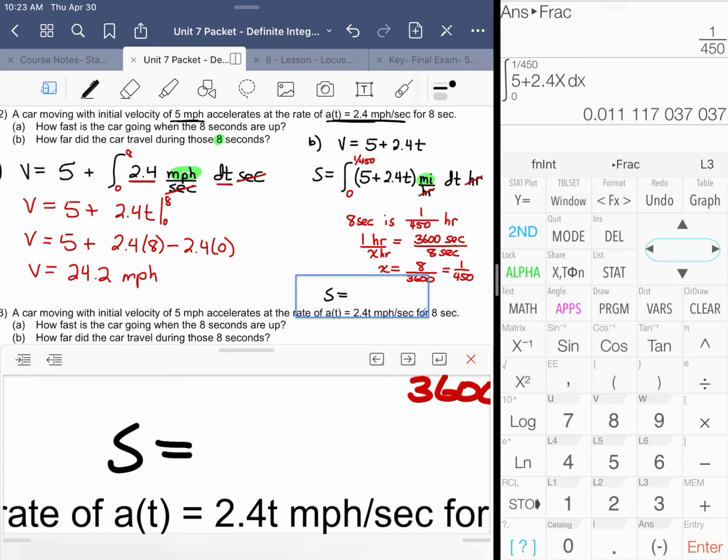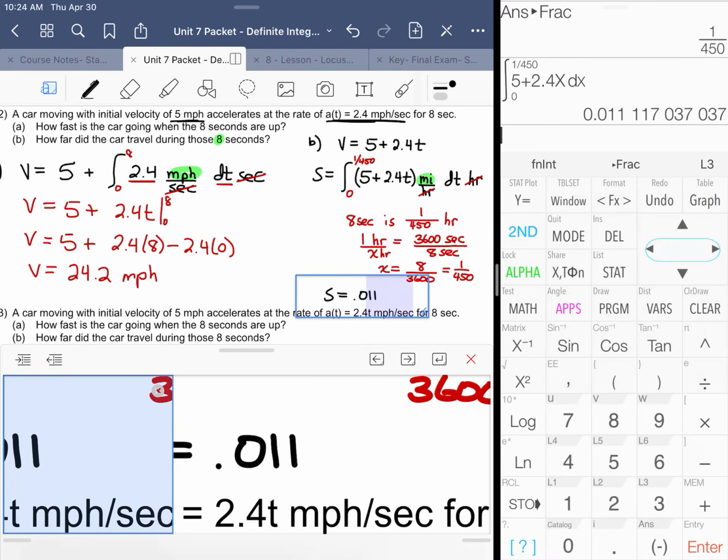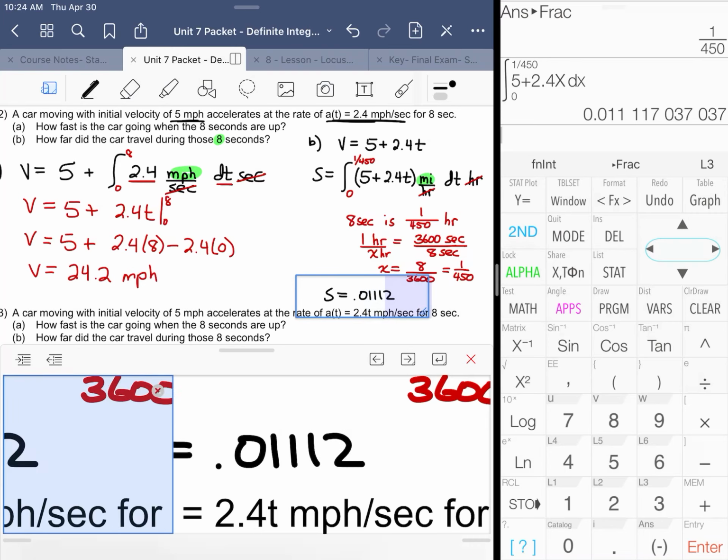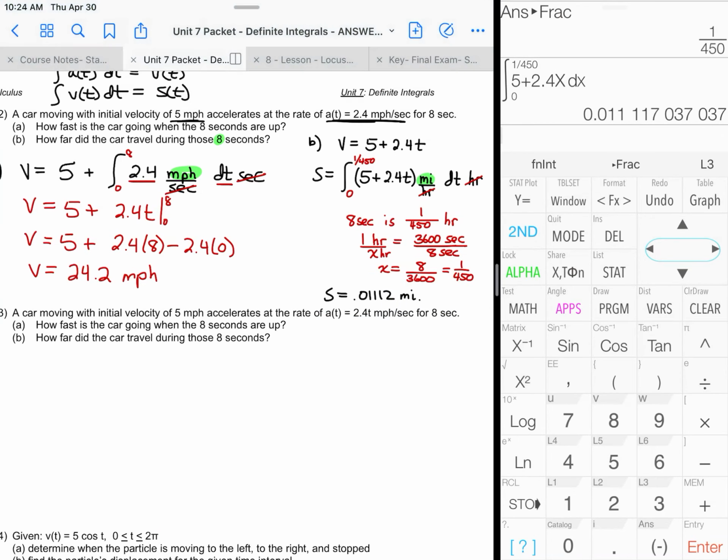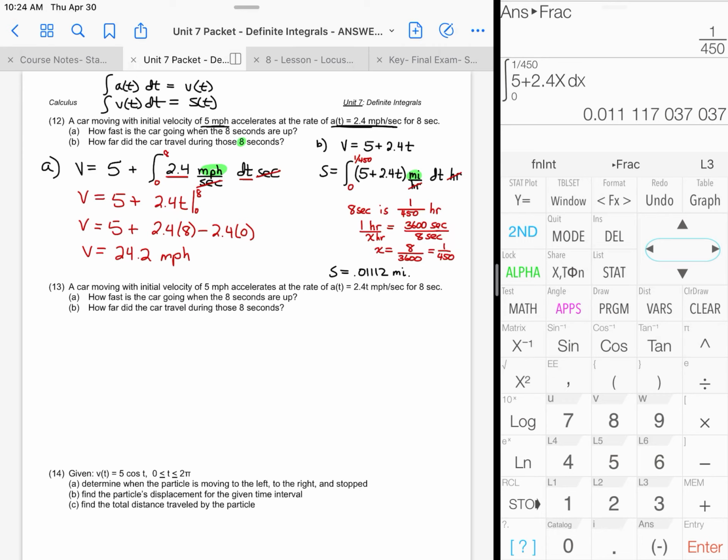Well, no rounding instructions, so just to give it a little bit of reasonable accuracy, I'll say 0.01112 miles.